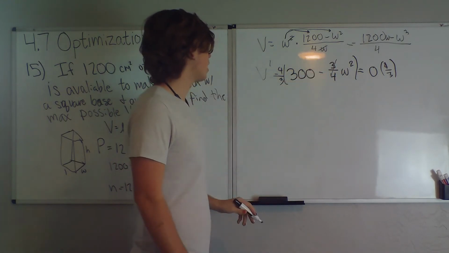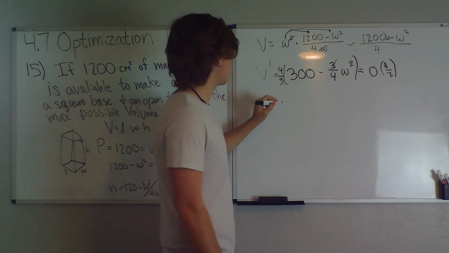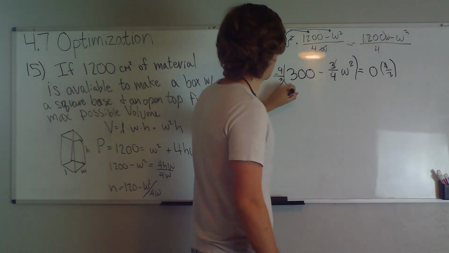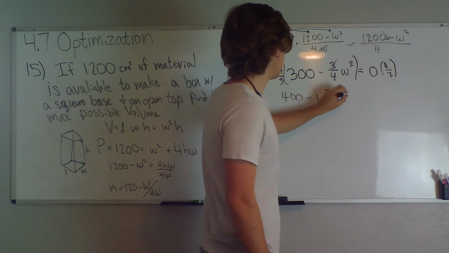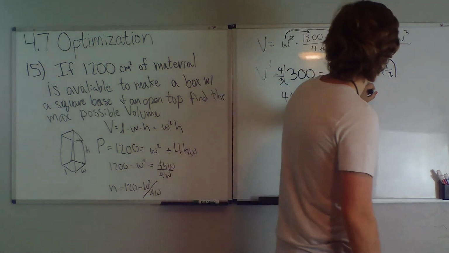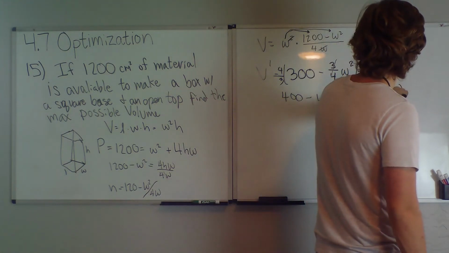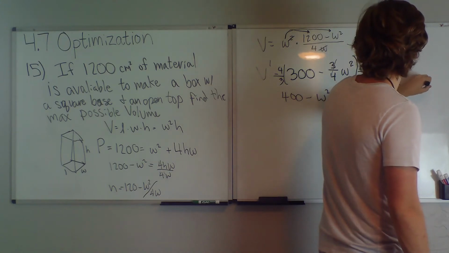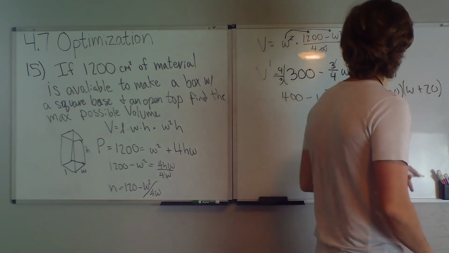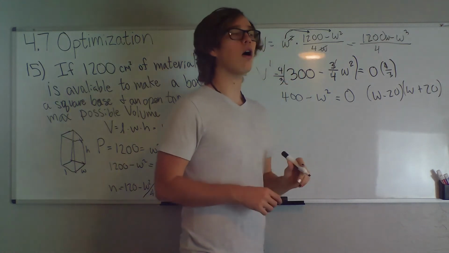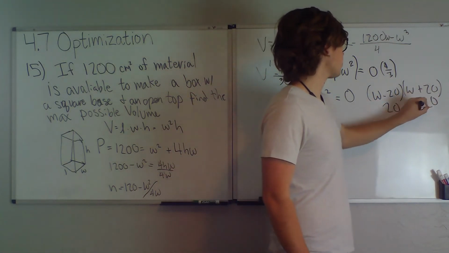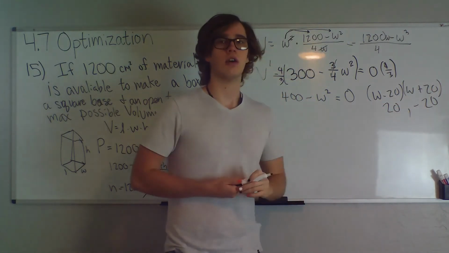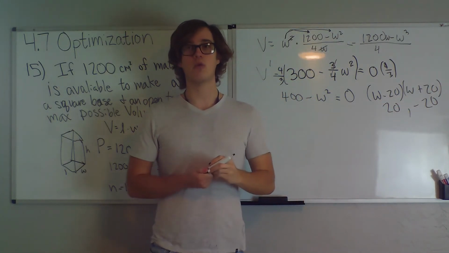So we do 4/3 times 300, which is just 400, minus W squared is equal to 0. Then we get W minus 20, W plus 20, and we find that our local maxes and mins are at 20 and negative 20.